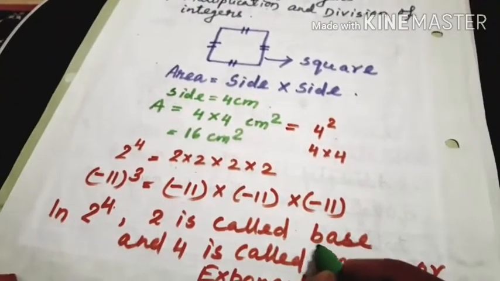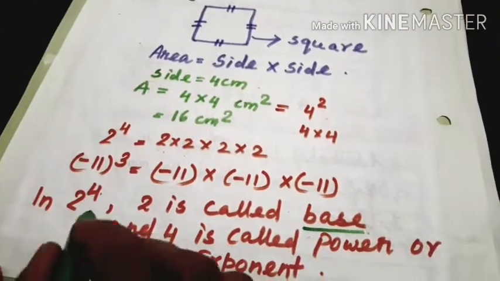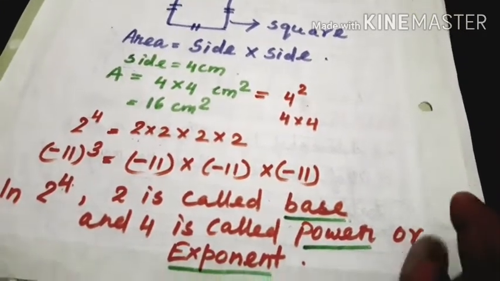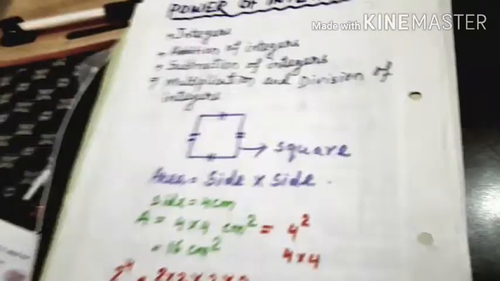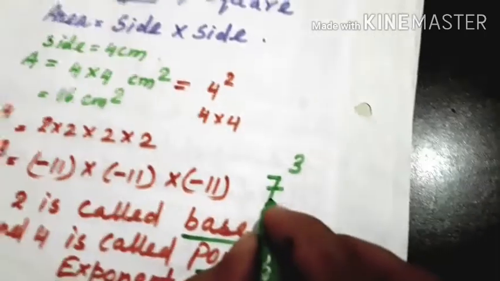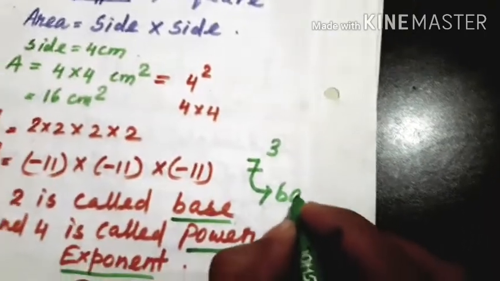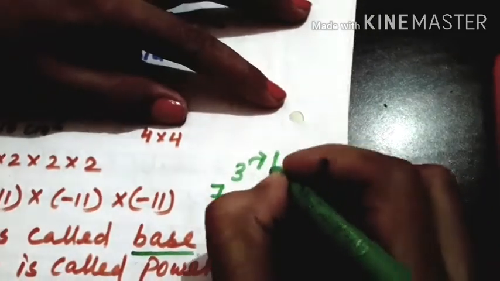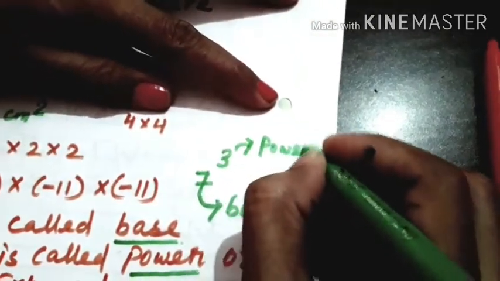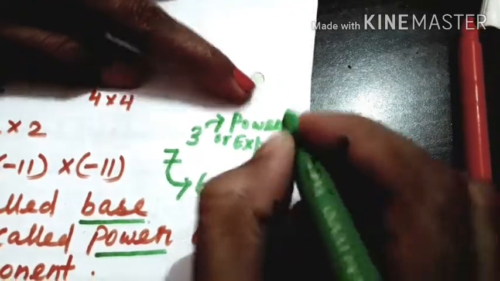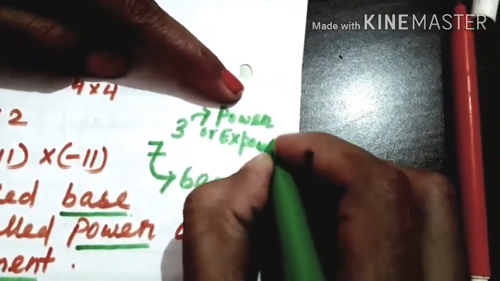So 2 is called base and 4 is called power or exponent. Let's take another example, 7 to the power 3. Here 7 is called the base and 3 is called the power or exponent. I think you are clear about power and exponent.